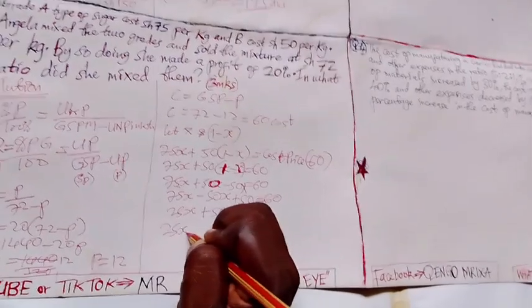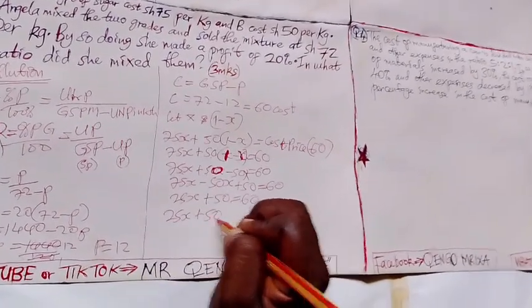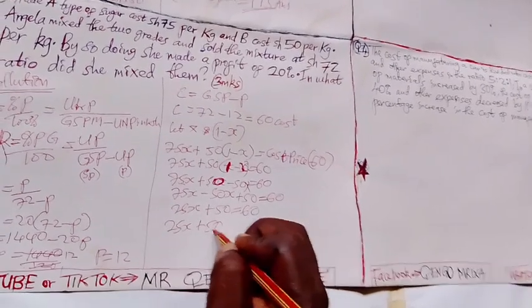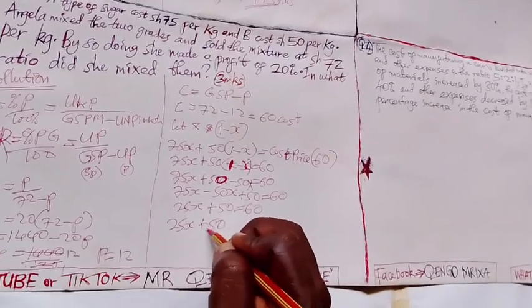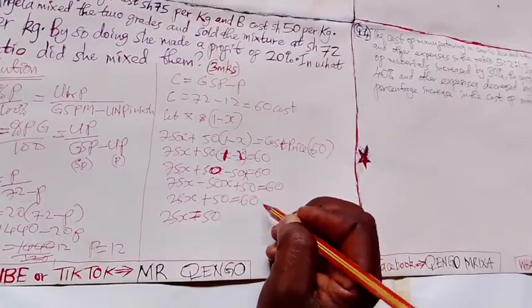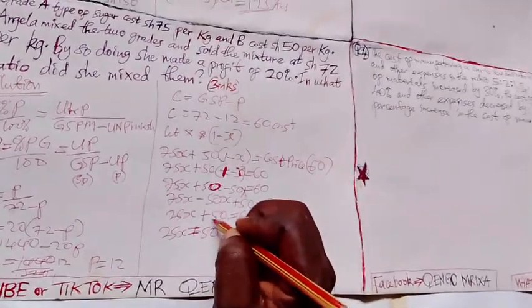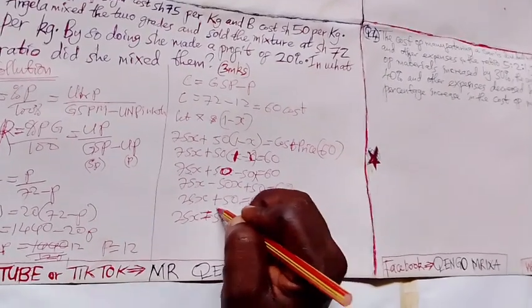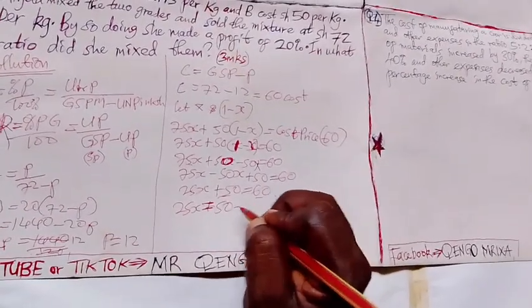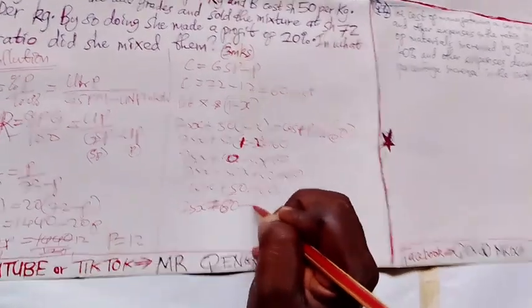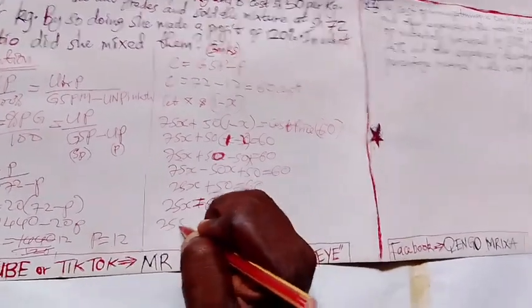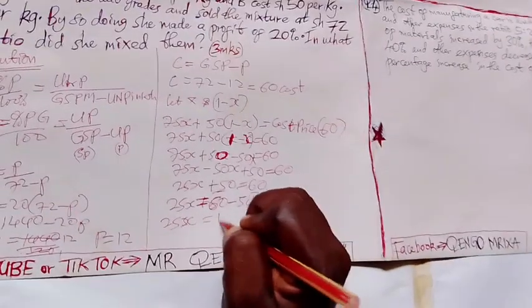Now 25x plus 50, since 50 is smaller than 60, it crosses the equal sign and then we say 60 minus 50, we get 25x is equal to 10.